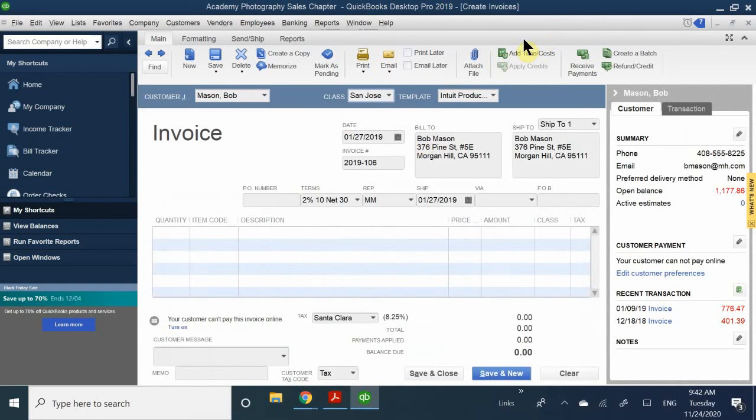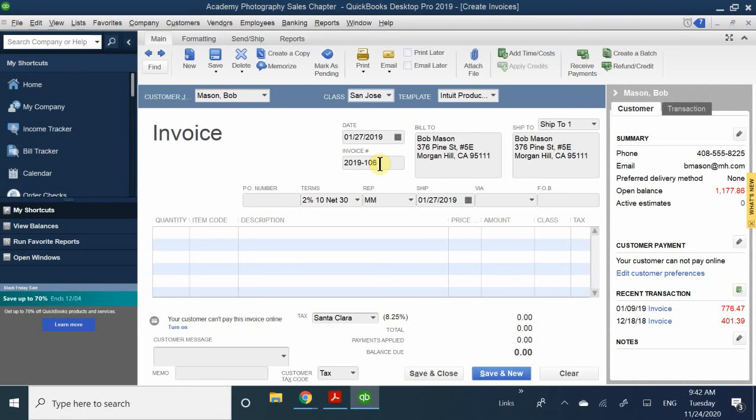So notice that in my reference number or my PO number, okay, or invoice number, it shows that it's going to be 2019-206, meaning I've already created a sequence that I'm already using. So this is going to be my 6th invoice that I am creating.